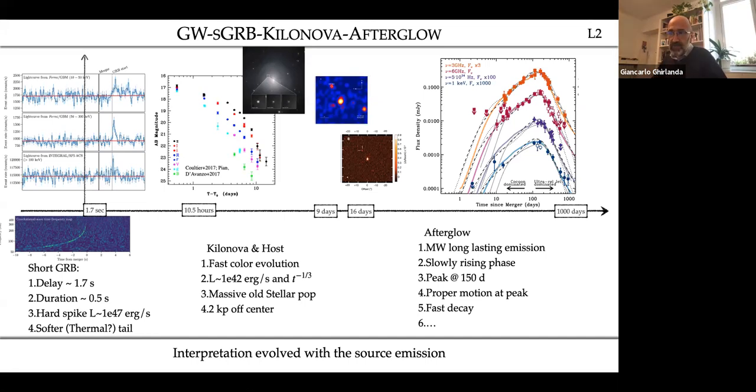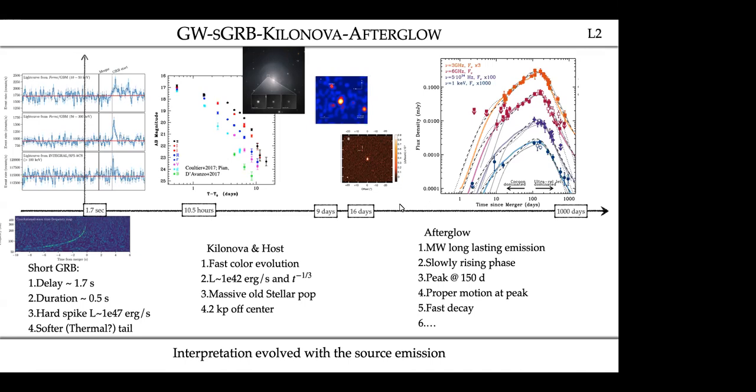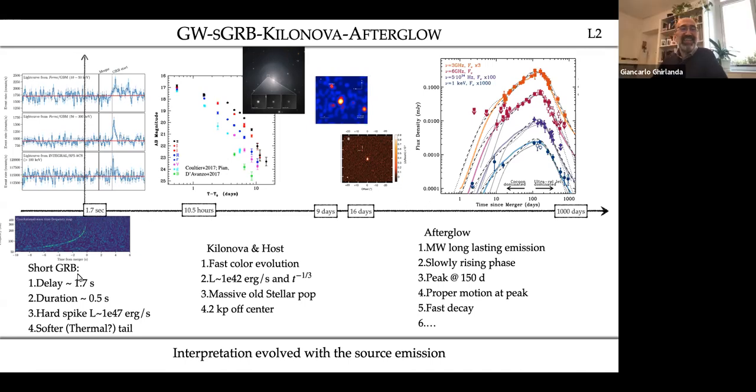You know that after the end of the detected gravitational wave signal, there was a detection with a delay of about 1.7 seconds of a short GRB by the Fermi satellite, confirmed by the INTEGRAL satellite. The short GRB has this property as far as the prompt emission is concerned: it is delayed by 1.7 seconds.